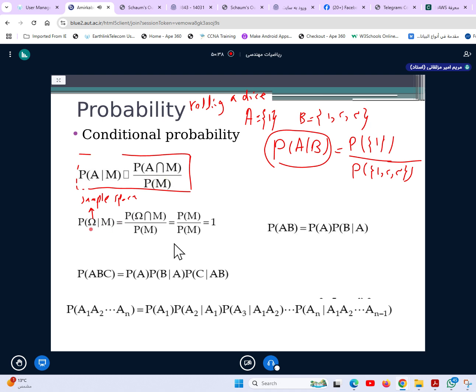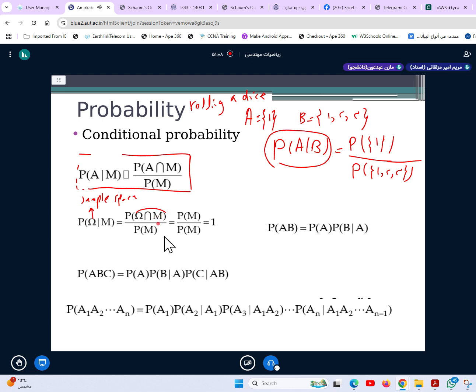We have the probability of omega intersection with M divided by the probability of M. Can you tell me the intersection of omega and M? What's the intersection of omega, that is our sample space, and an event M?